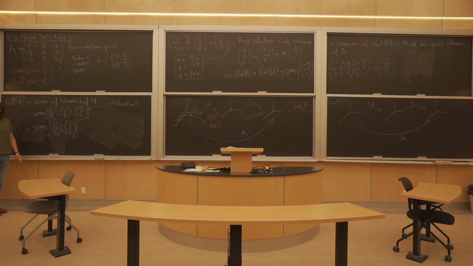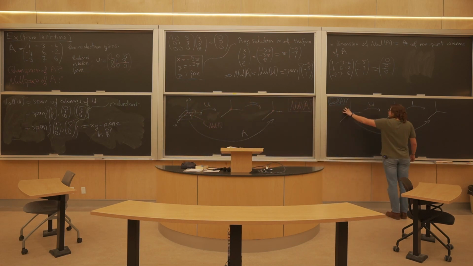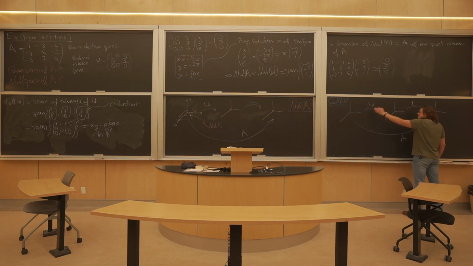Okay? What is this? This means that, so this is the xy plane. So no matter what input I use, once I apply this first transformation, it's going to end up somewhere here.